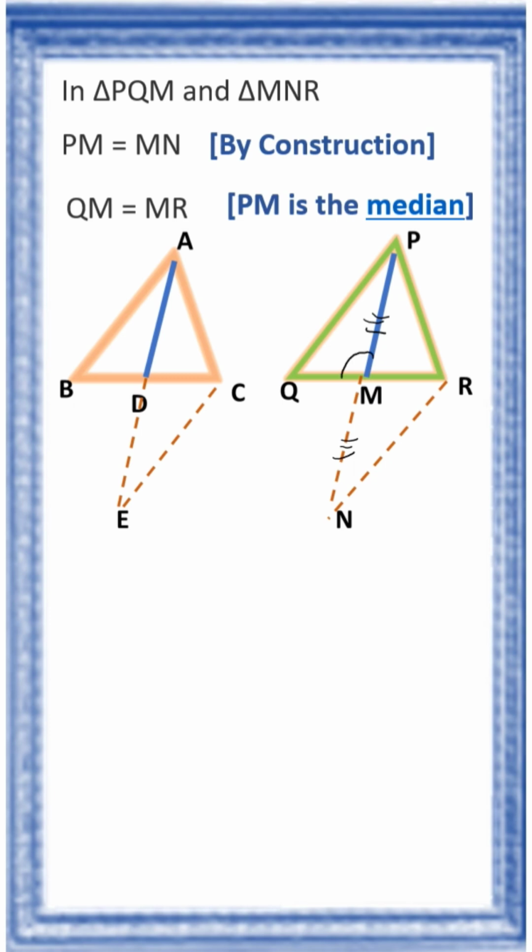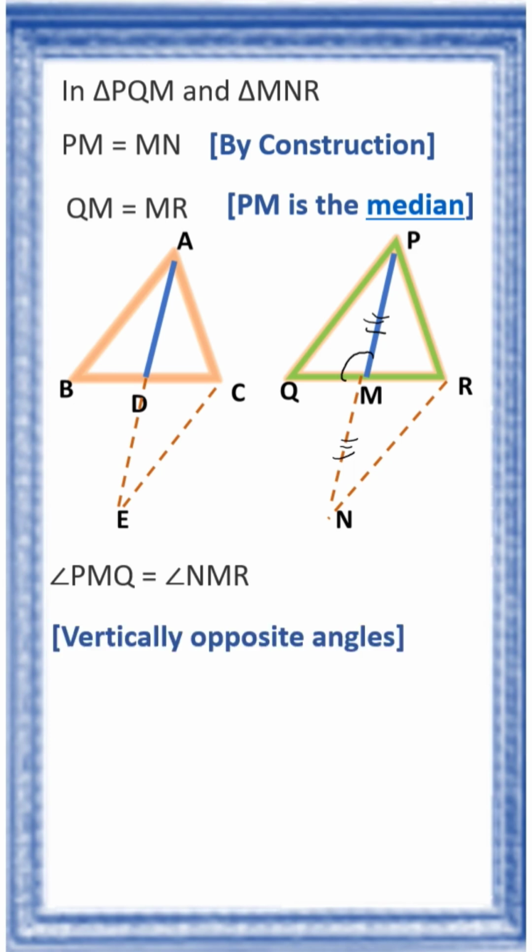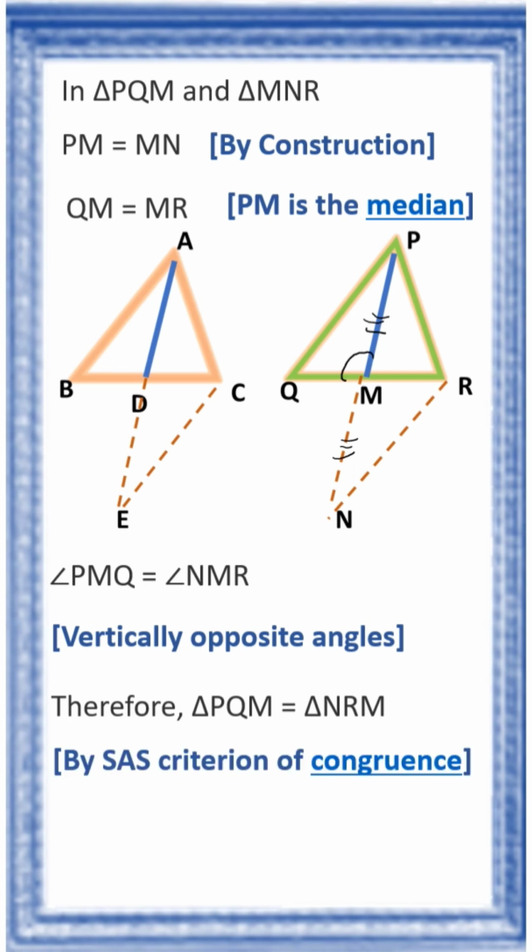Angle PMQ is equal to angle RMN, vertically opposite angles. So triangle PQM is congruent to triangle NRM. Why? Because of SAS criterion of congruence.